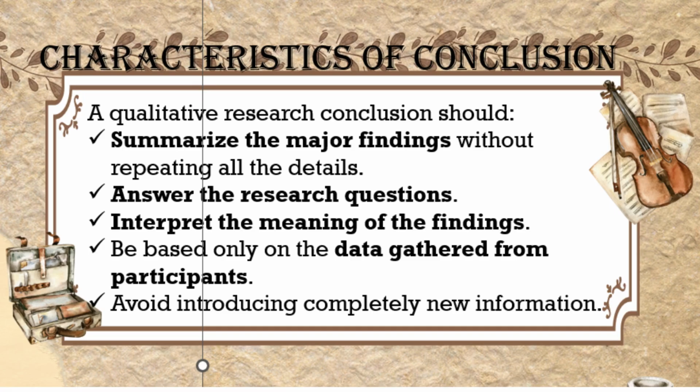And then you will be able to interpret the meanings of the significant findings as well. All the data gathered from the participants should be based on the study being conducted, and you're not going to introduce any other non-related information. It's only your topic that you will establish and develop to be able to find the answer.